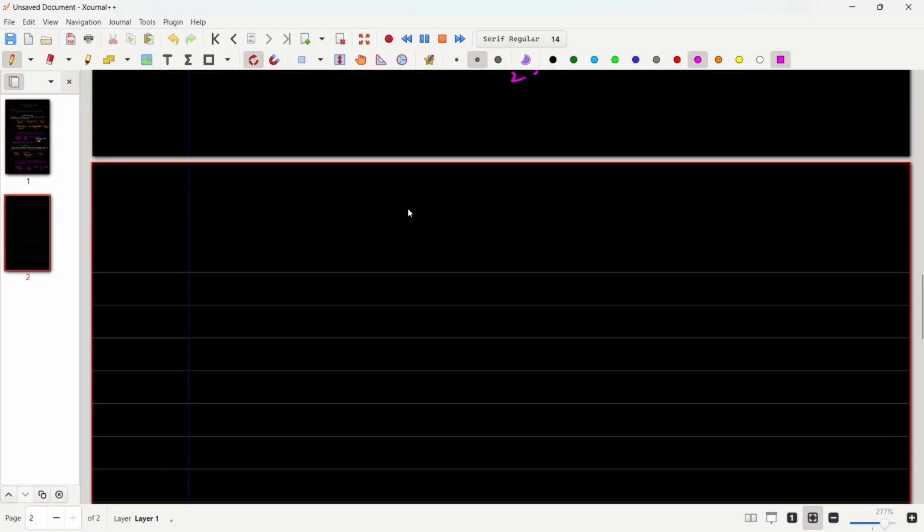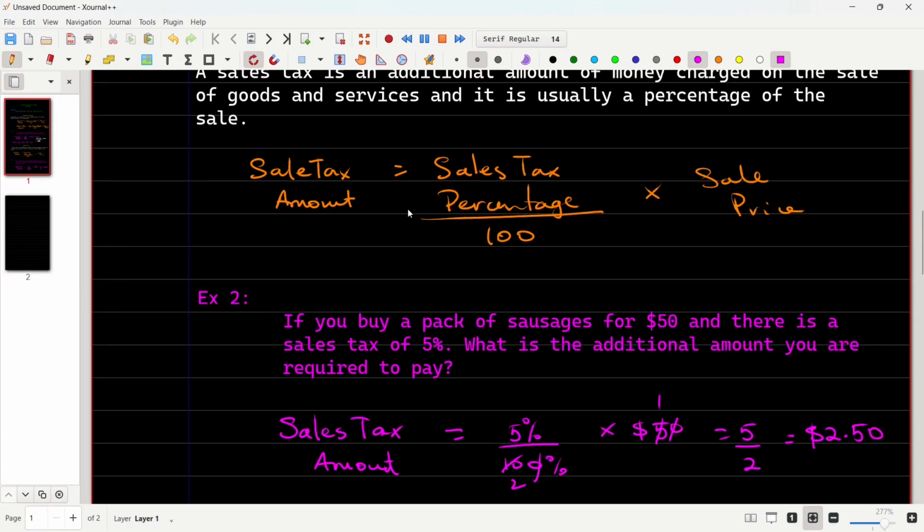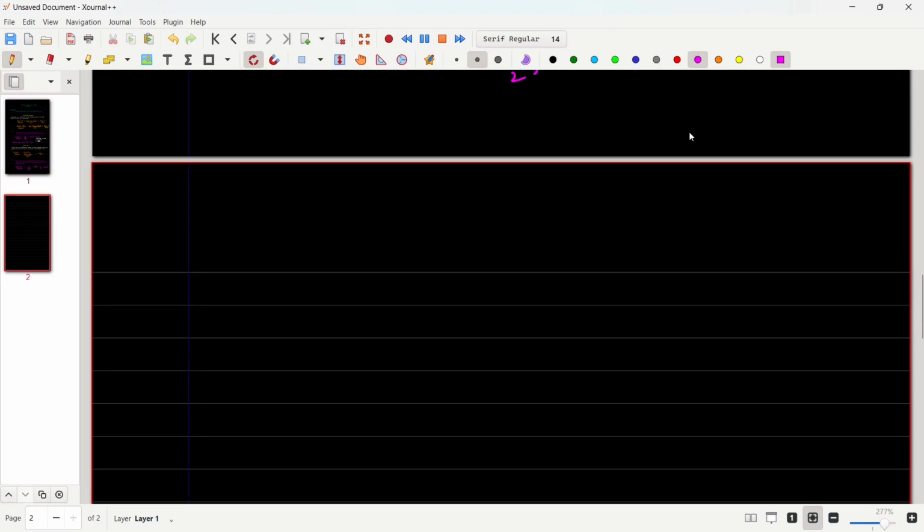Now, what about if I just wanted to directly calculate the amount after tax? All right, so the amount after tax would be equal to 100.